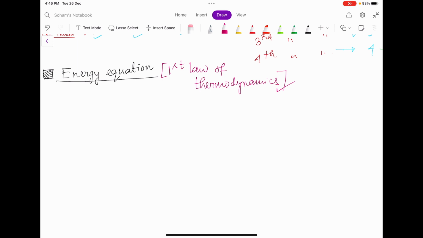Not only closed systems, we can apply the same law for open systems also, but some variations are needed. Here we will apply the law to get an equation that will govern the temperature of a flowing system. That will be our main objective.